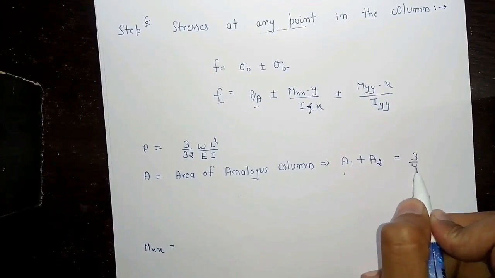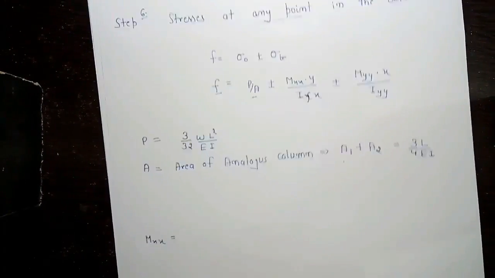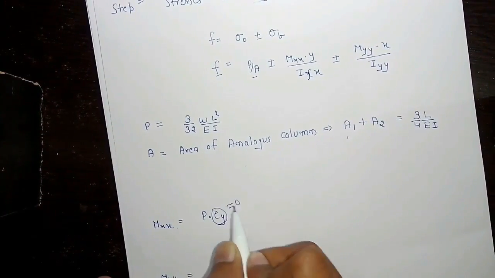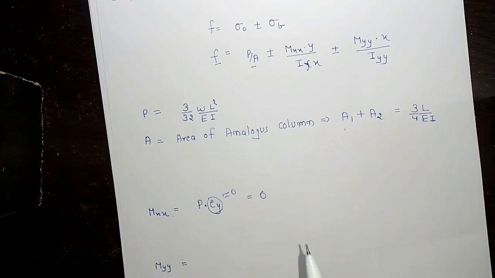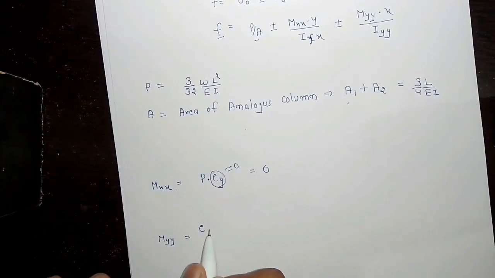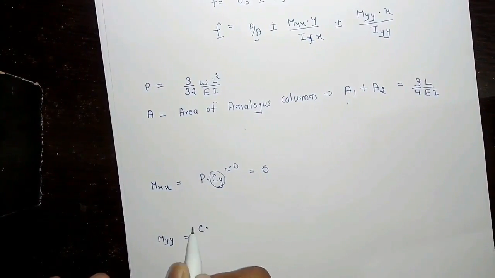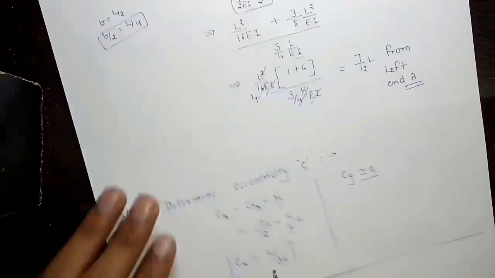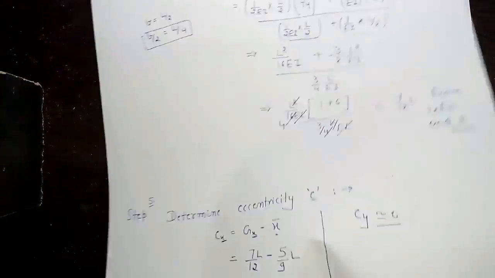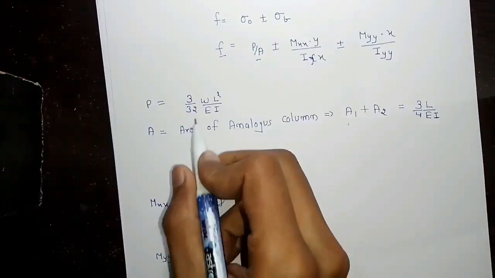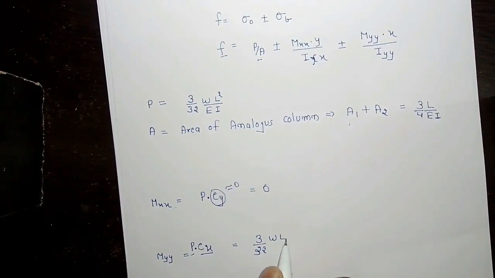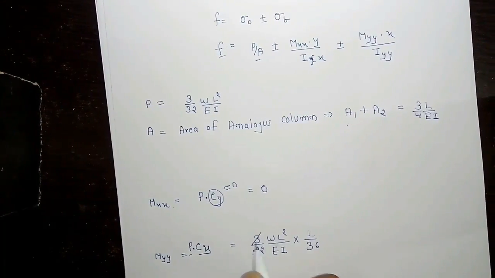3 by 4 L divided by EI, and Mxx is P dot Ey, and Ey is 0, so Mxx will be 0, and Myy is P dot Ex, and Ex is the eccentricity in x direction, which is L by 36, and P is 3 by 32 W L square divided by EI into L by 36.